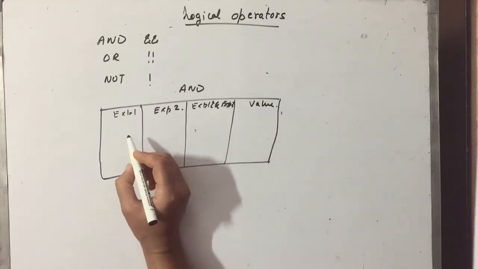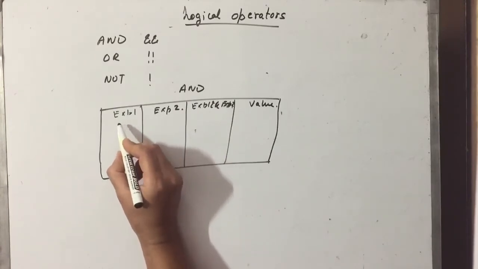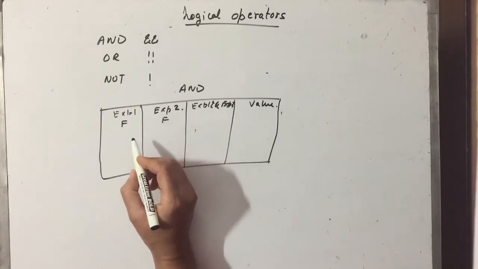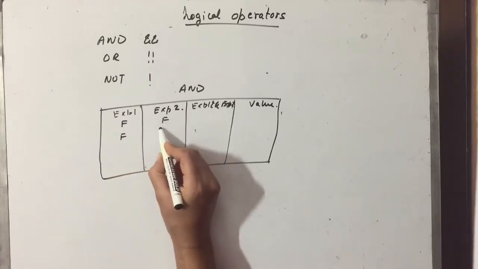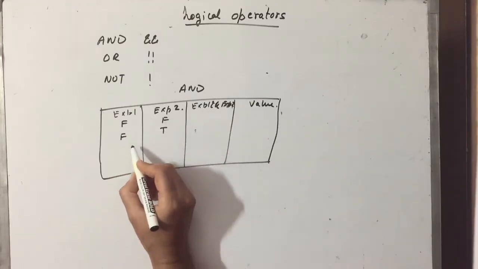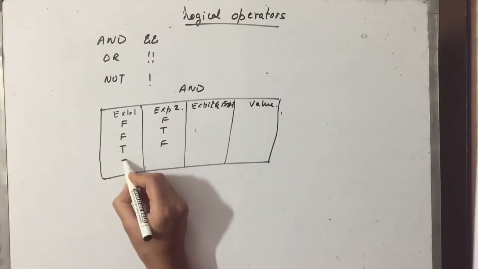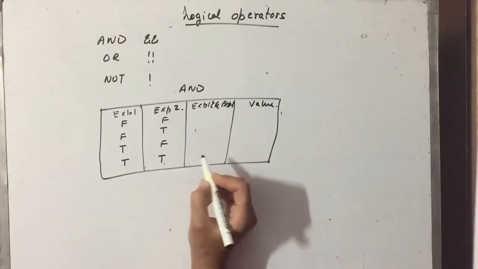Now suppose I write both of the conditions are false. First one is false, the second one is true. The first one is true, the second one is false, and both of the conditions are true.